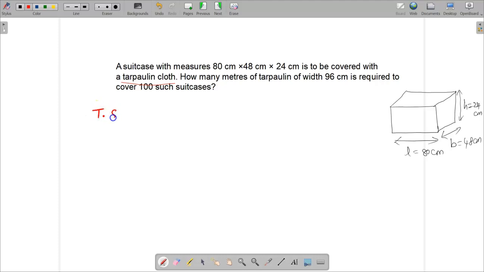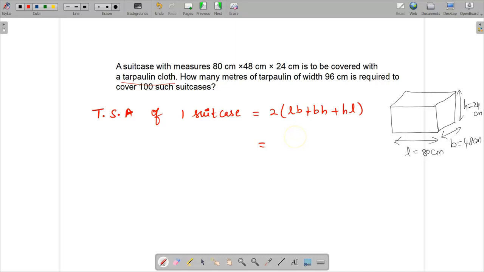First let us find the total surface area of one suitcase. What is the formula? For the cuboid, the total surface area is 2 into (length into breadth plus breadth into height plus height into length).